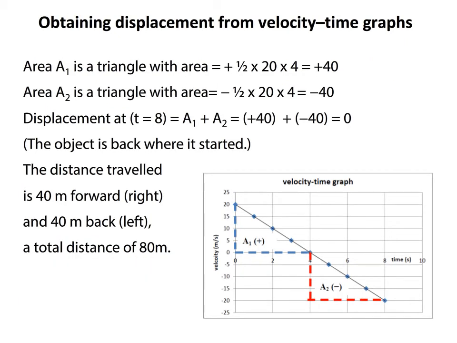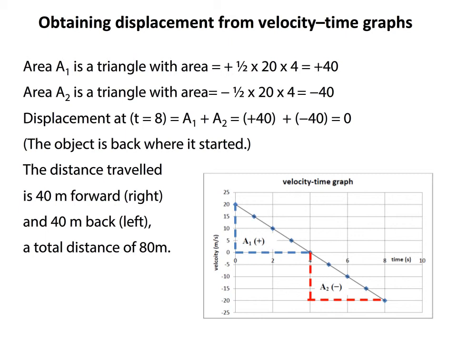Performing the calculations, area A1 is a triangle, and the area of the triangle is a half times 20 times 4, or 40, while area A2 is a triangle with area minus a half times 20 times 4, so minus 40.